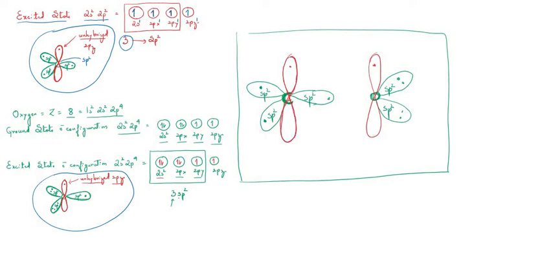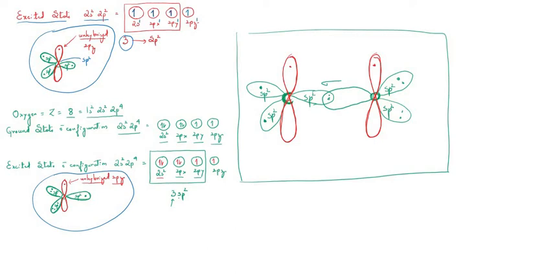Similarly, there is one unhybridized p orbital on the oxygen atom and it is having 1 electron. At the same time, one of the sp2 hybrid orbitals of oxygen will overlap the sp2 hybridized orbital of carbon, and it leads to the formation of a sigma bond, because sigma bonds are always formed by head-on overlap.